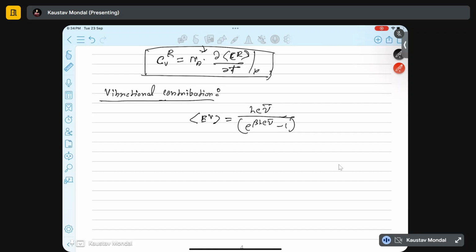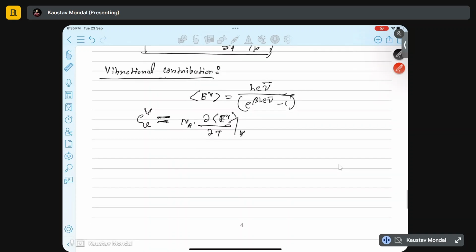Now, if you calculate the CVV, where one V denotes constant volume and the other V is vibrational, so let me write this V as a curly V just to avoid confusion, then the expression looks like Na into del EV by del T at constant volume.